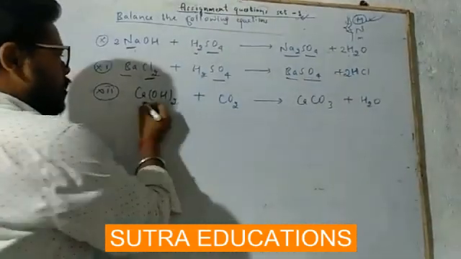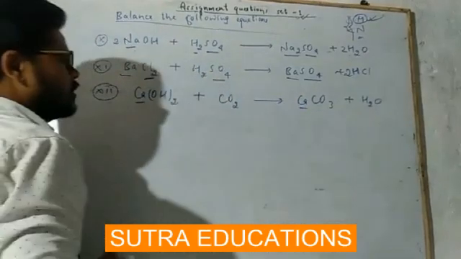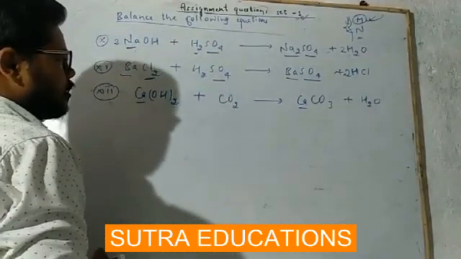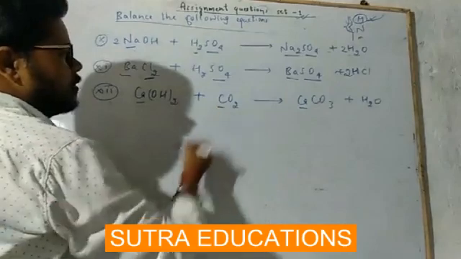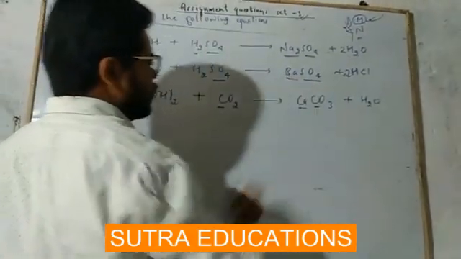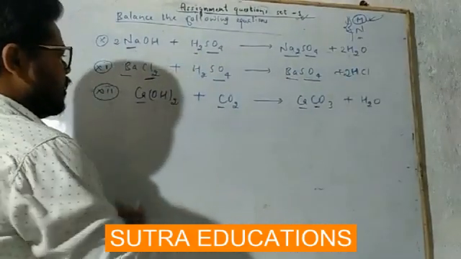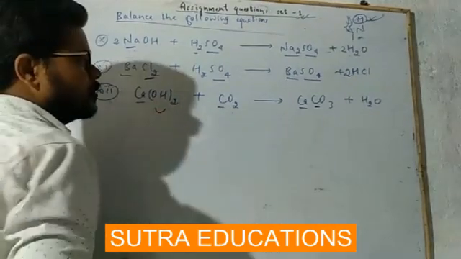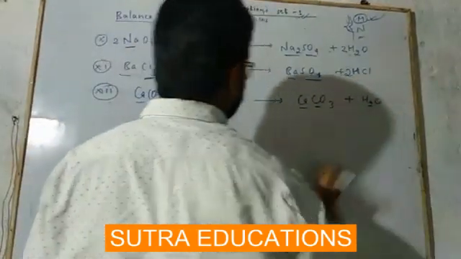The metal calcium is balanced on both sides. Then come to non-metal. Carbon is 1 here, carbon is 1 here, balanced. Oxygen is 2 plus 2, 4 here, and 3 plus 1, 4 here.